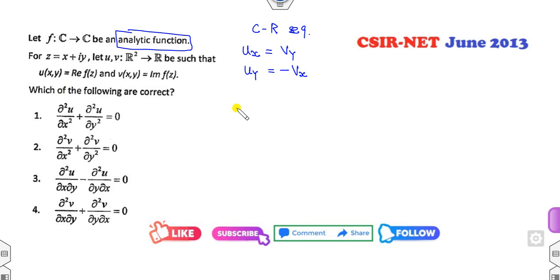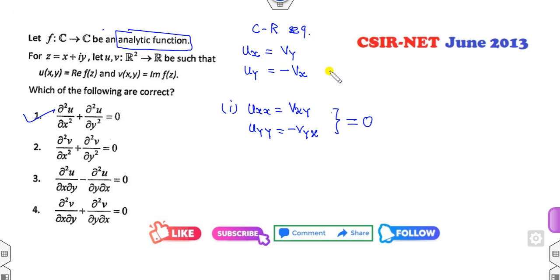Now u_xx, first option, you can take the partial derivative of the first function with respect to x. u_yy is minus v_yx. So clearly, if you add them, it will be 0 because the function is continuously differentiable. So the first part is satisfied.